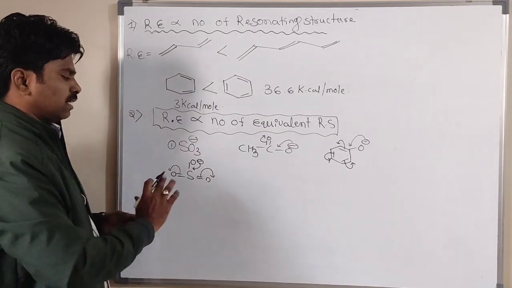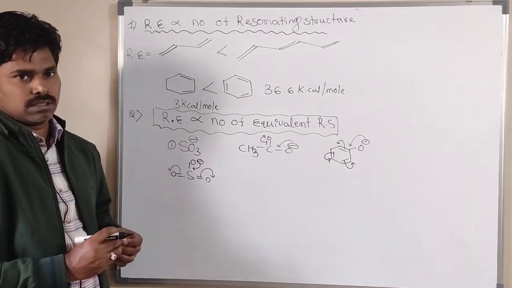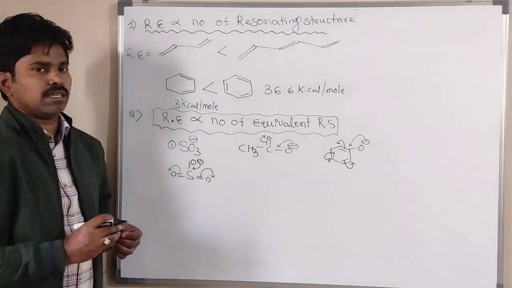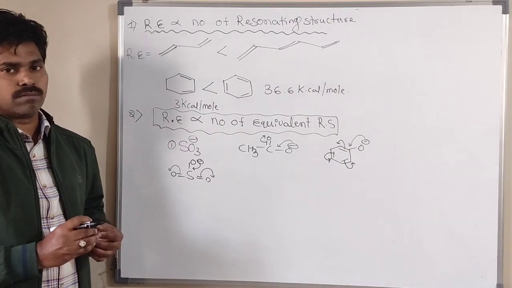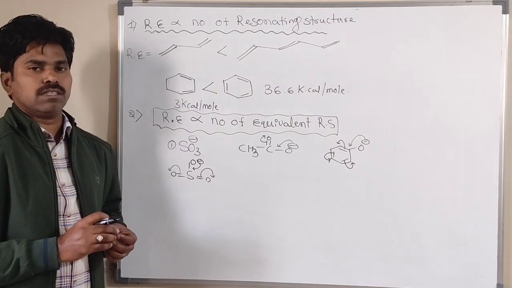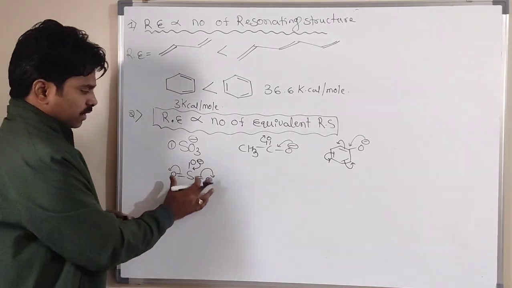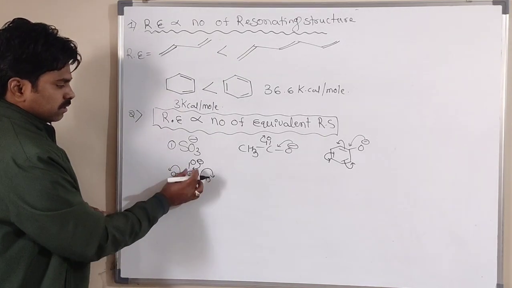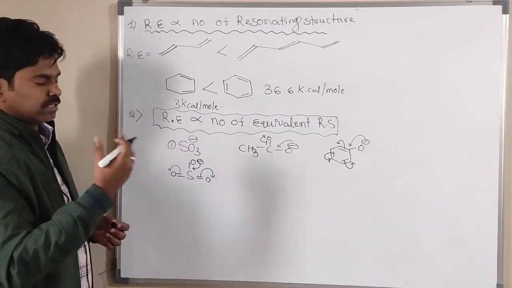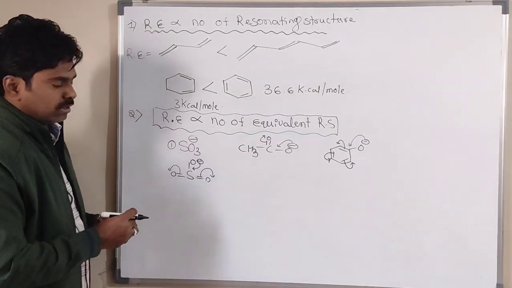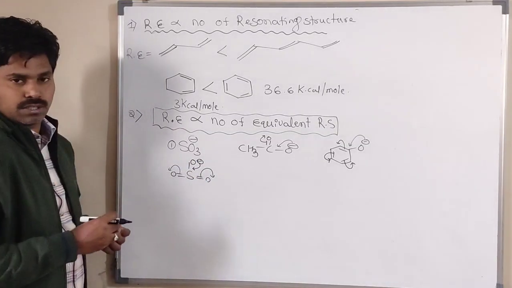So finally there are 3 oxygens present, so 3 resonating structures are formed. Those 3 resonating structures have the same energy also. So at one time this oxygen gets negative, then the second time this oxygen gets negative, and the third time this oxygen gets negative.